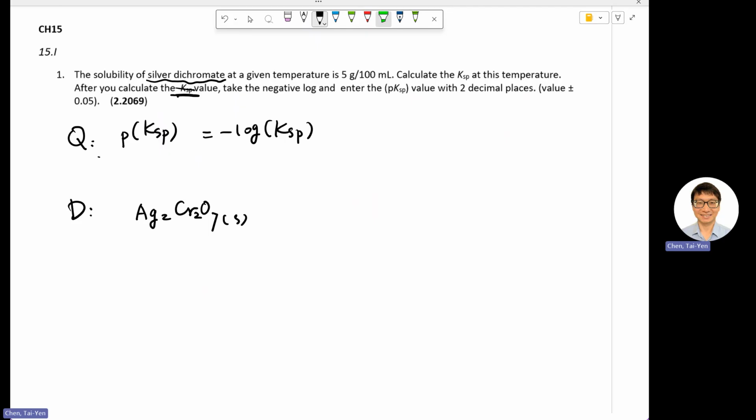In the past, it would just give you the name, but right now I think it will always give you the chemical formula, so students no longer need to translate this themselves. But what you should know to solve this problem is that it will dissociate into 2 Ag+ and Cr2O7 2-. You will need to write out this equation yourself.